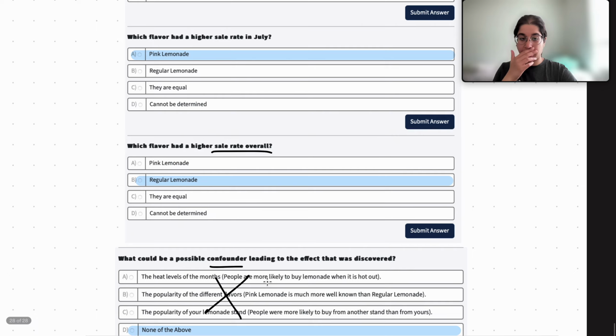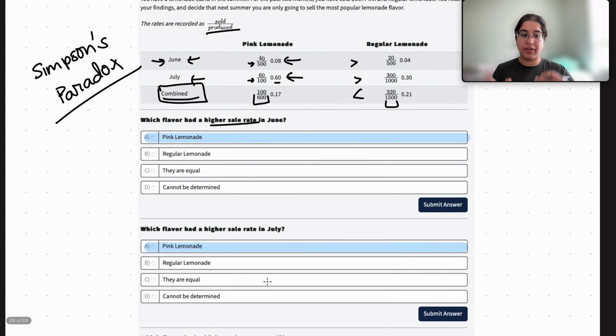It's becoming a confounder in our study here because we're not dealing with equal sample sizes. Regular lemonade, in fact, has over 1,000 lemonades produced in July, and that sample size is the variable, that confounder, that's causing this reversal of trends to occur.